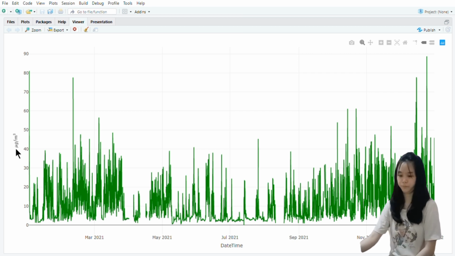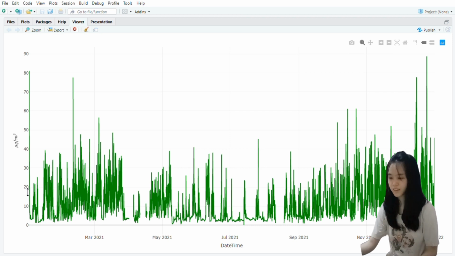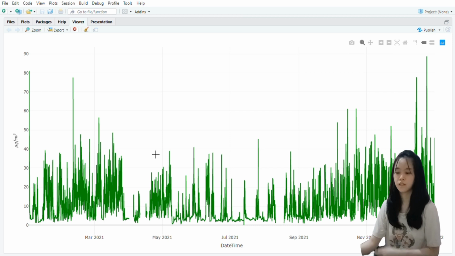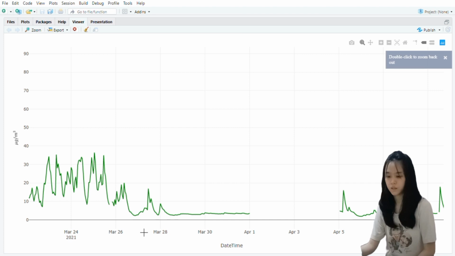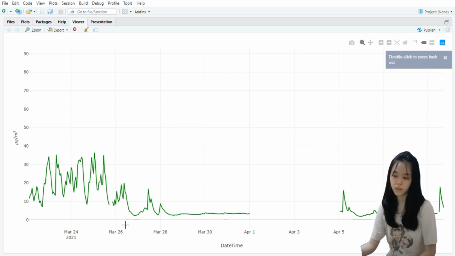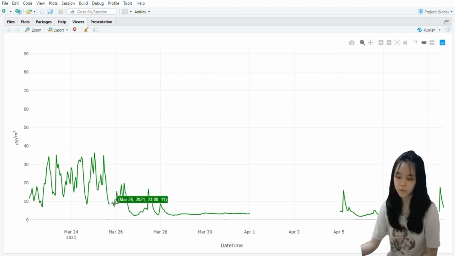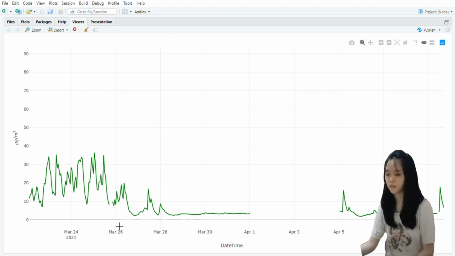As you can see, without even zooming in, there are some gaps in it, like here, and here, and also here. Let's zoom in on one of the gaps. Here we have a little gap as well, but it's very small, maybe only one missing data point.